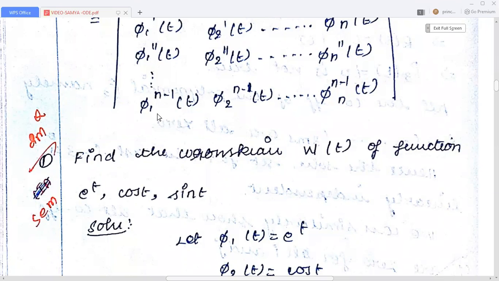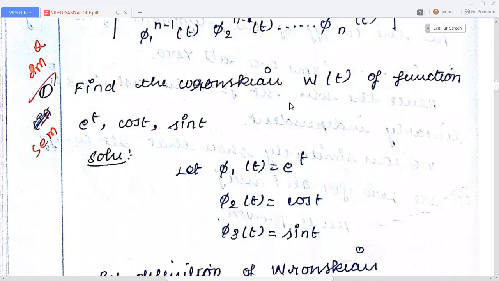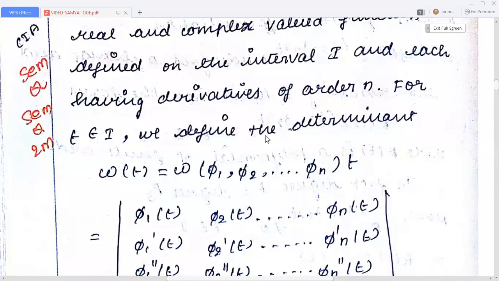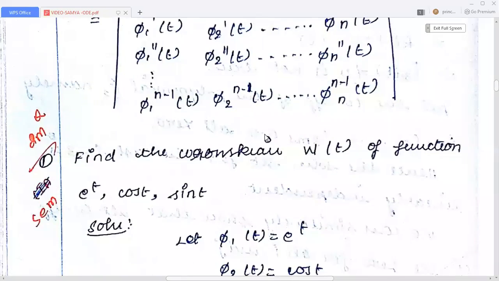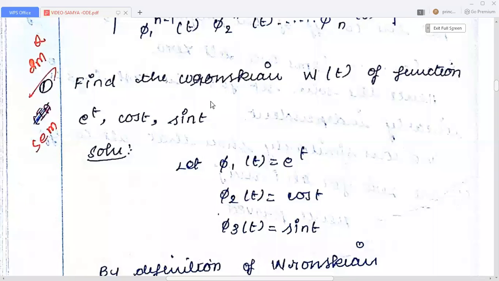Therefore, the last row elements are the (n minus 1)th derivative of φ1, the (n minus 1)th derivative of φ2, up to the (n minus 1)th derivative of φn. So this is the definition of Lagrangian. Based on this definition, now we are going to see problem number 1.